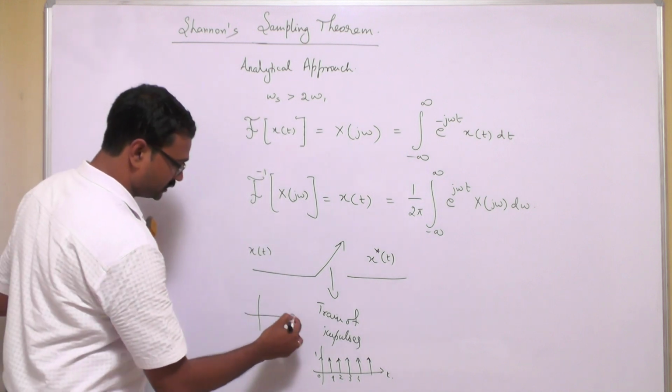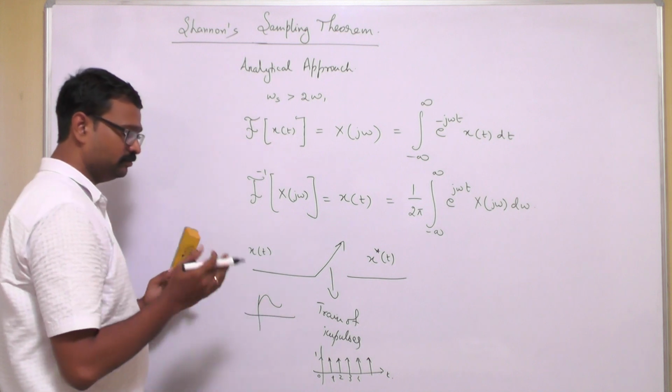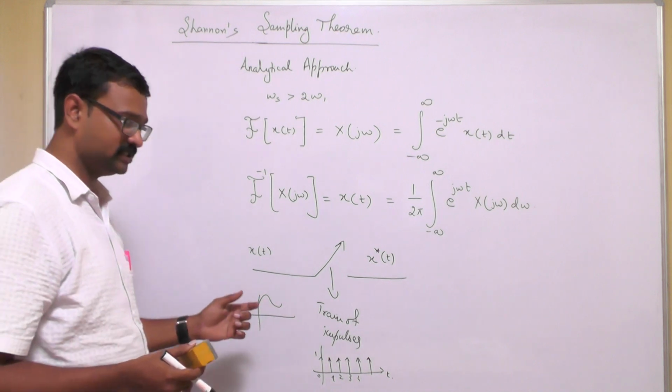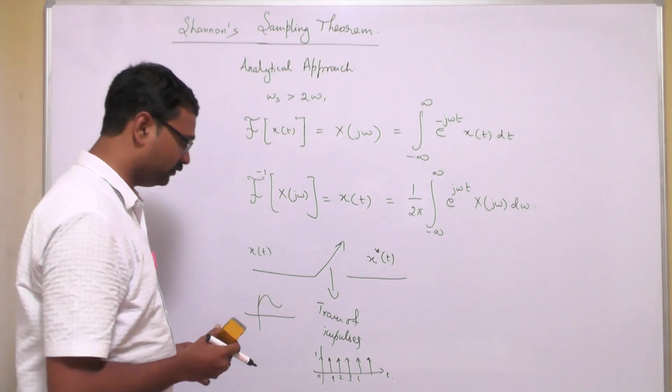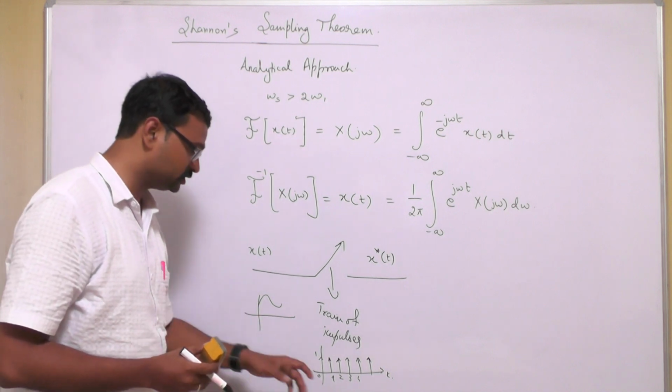And if this signal x of t is any sort of signal, then x star of t is the product of the two. You will have values at every instant, at k is equal to 0, k is equal to 1.